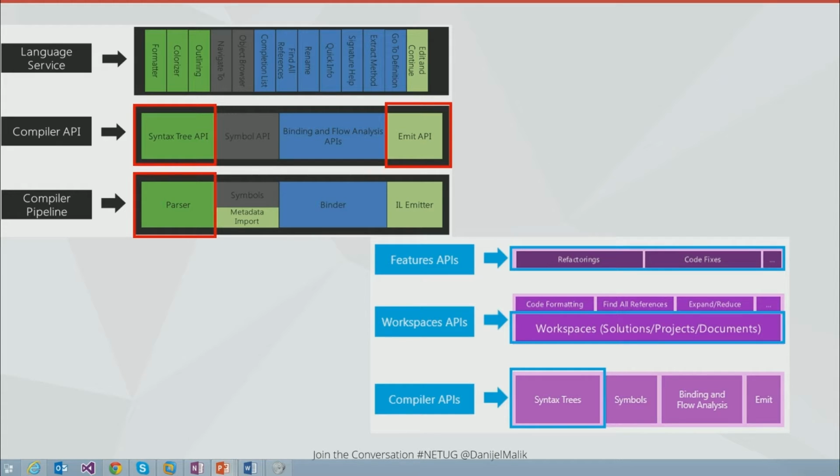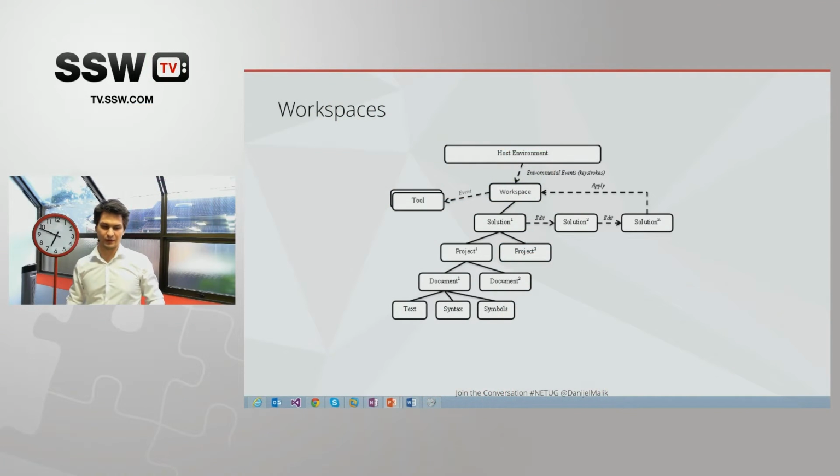If I can find an issue, I can probably fix it as well. Before, I wasn't really able to do that, but now I can. With workspaces, I can do fixes across multiple solutions in one go. Because I have a workspace, I can use multiple solutions and just apply the fix across all of them, and I'm done.